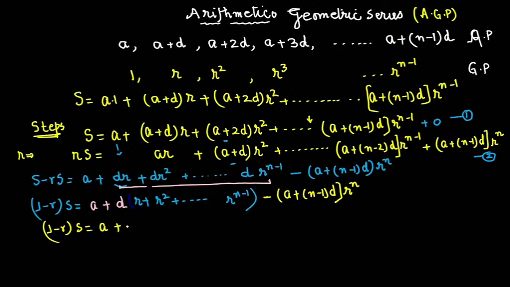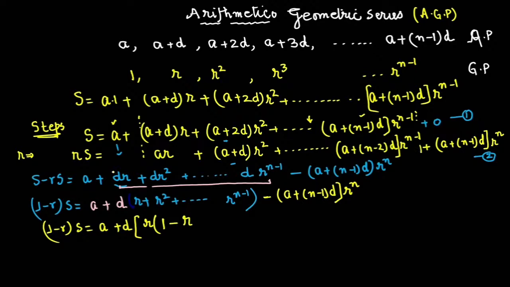So use the sum of the GP formula. The first term is r, the common ratio is r, and for the number of terms, see here, from here to here it is n terms. But if I say from here to here, how many terms are there? You will say n minus 1 terms.